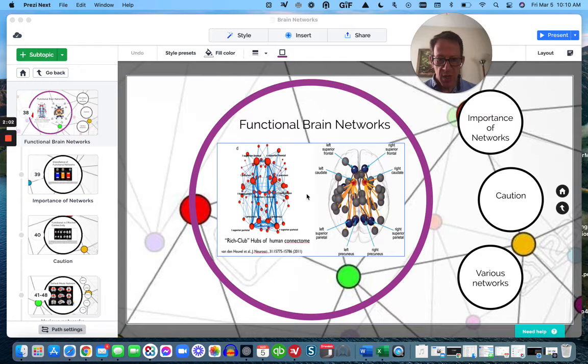When we look at functional brain networks, the one that is known the most, and we spoke on this a little bit last week, is what's called the default mode network. It is composed of the largest connections in the brain, referred to as a rich club hub of the human connectome, as you can see on the left-hand side there.